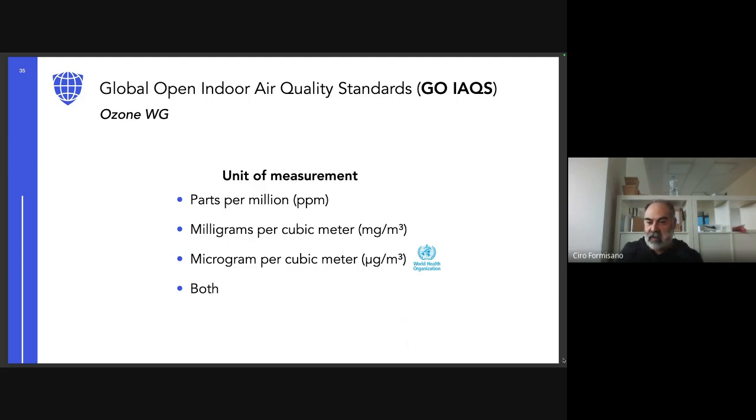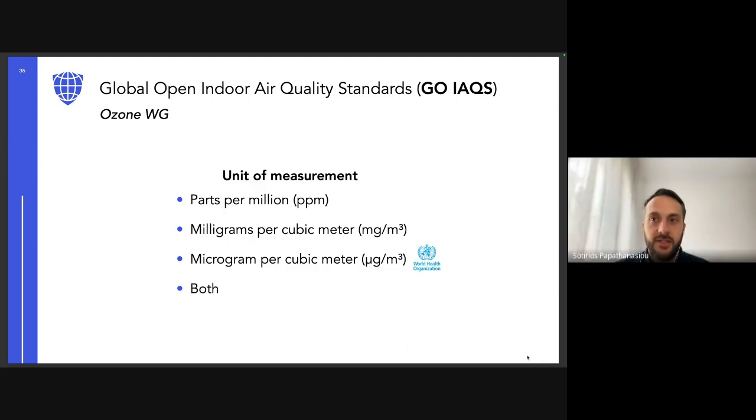And their official station is standard as well. It's quite uncommon, because normally in Europe we see most of the official information provided in micrograms per cubic meter. But I see that something is probably changing to move to ppb.